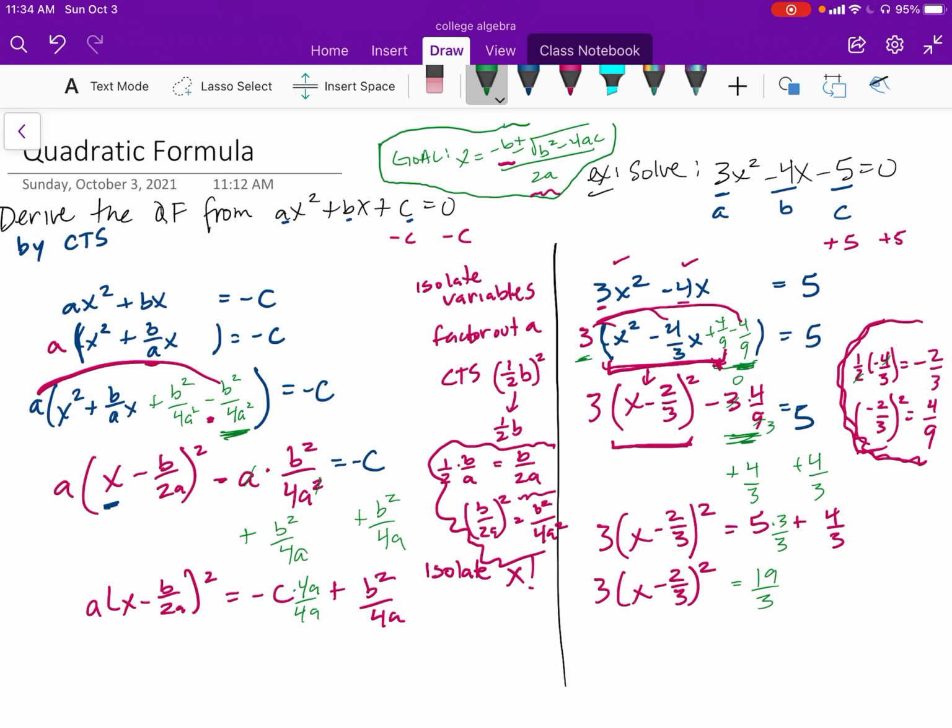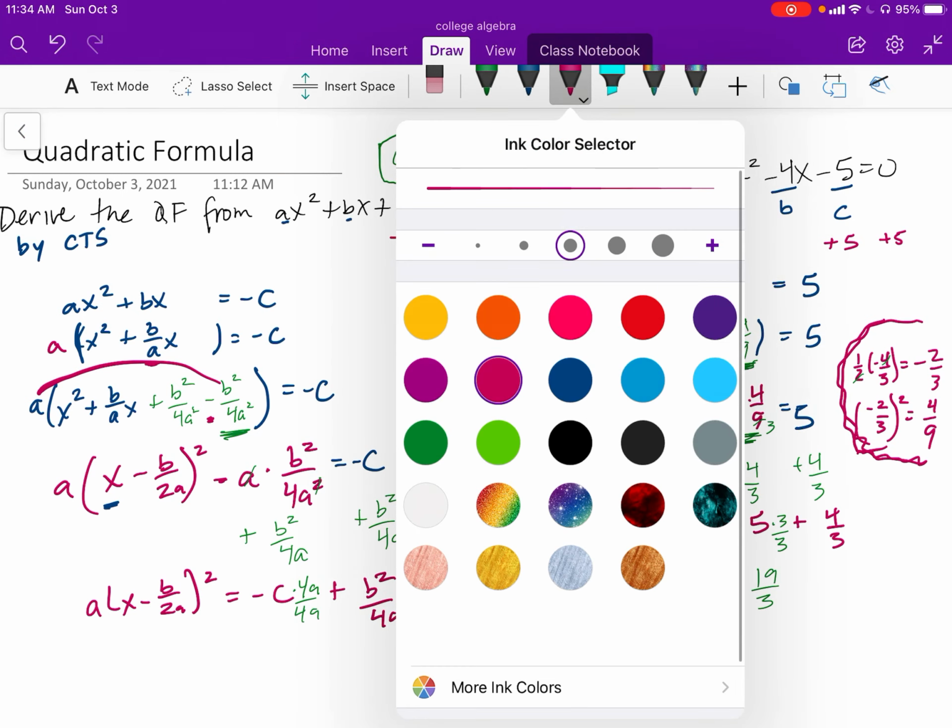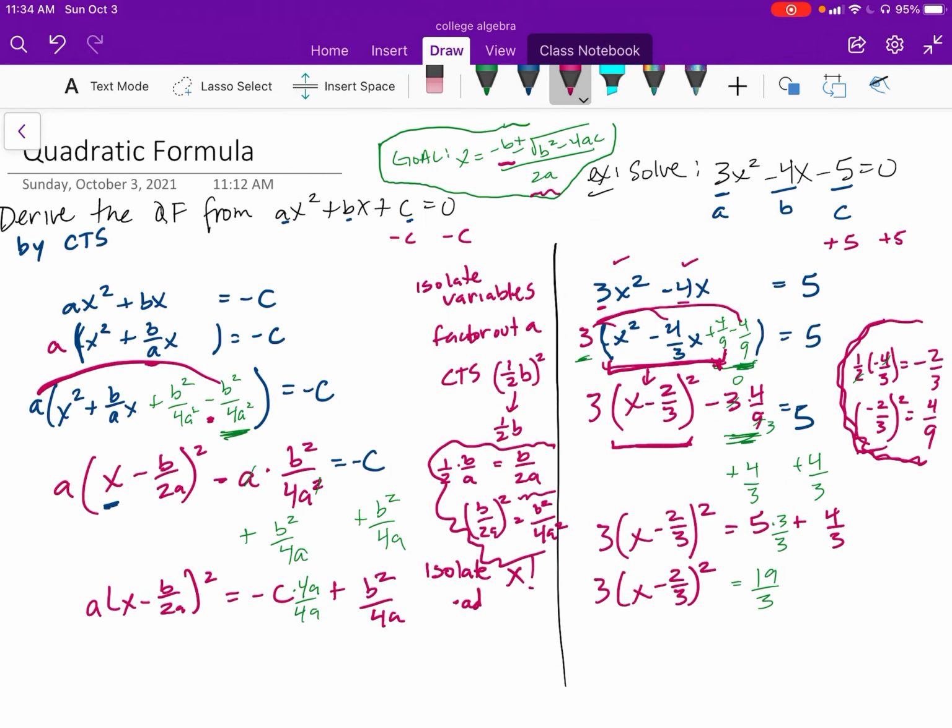Okay. Again, we're isolating the x. So the first thing we had to do is add the constants. Well, next we're going to have to get rid of that coefficient, right? We have to divide by a or multiply by 1 over a.